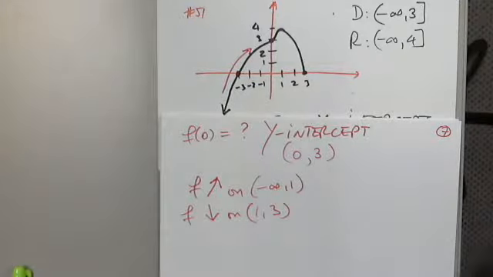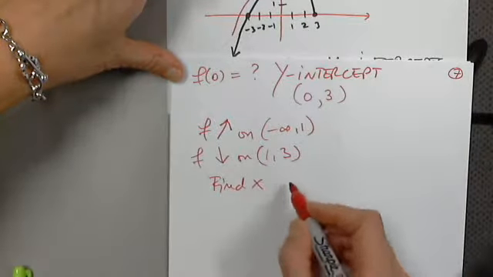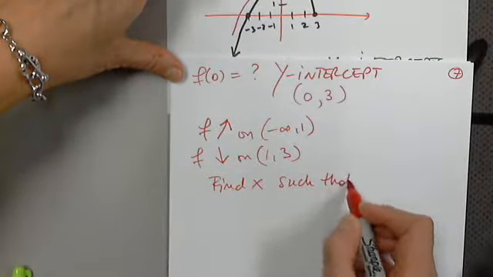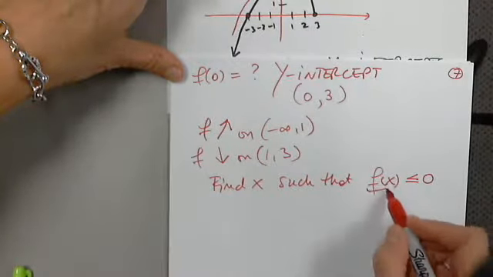Values of x for which f of x is less than or equal to 0. So let's analyze this. Find x such that f of x is less than or equal to 0. This is the function.